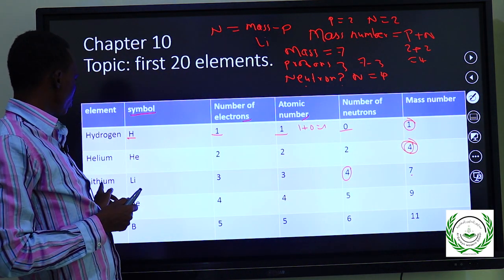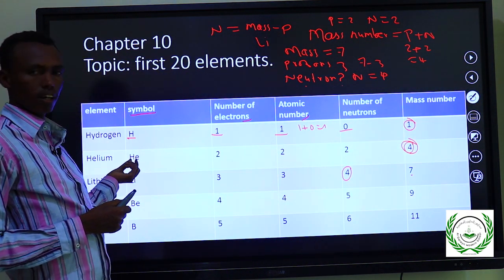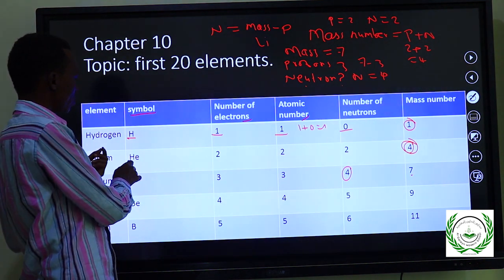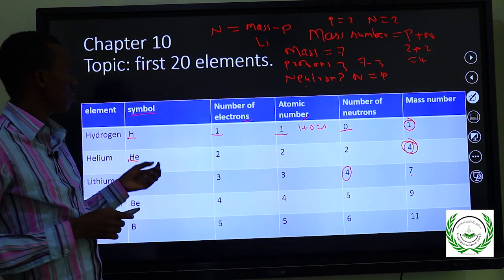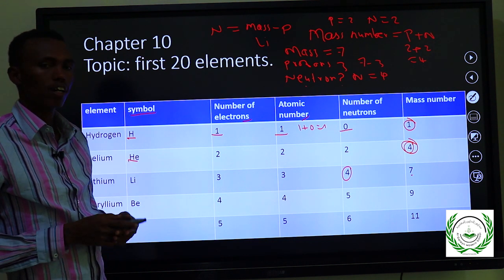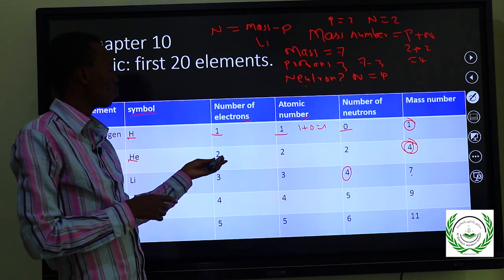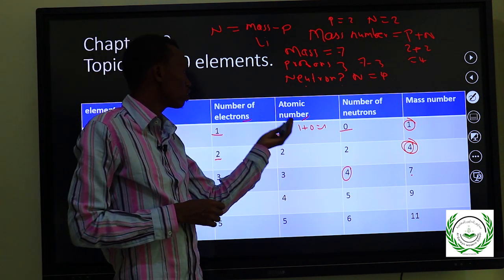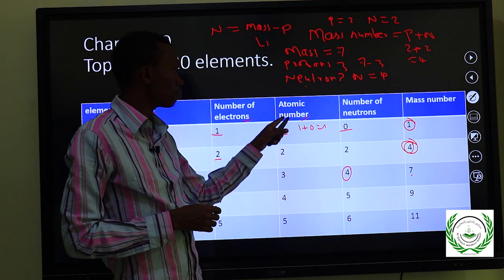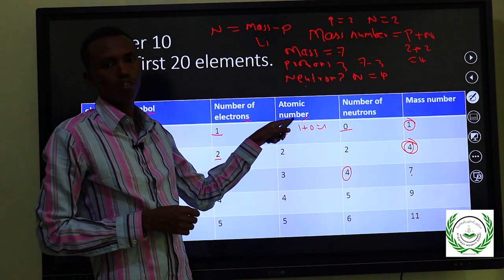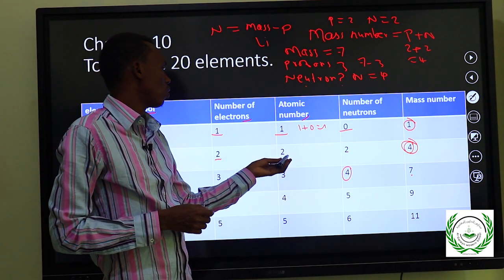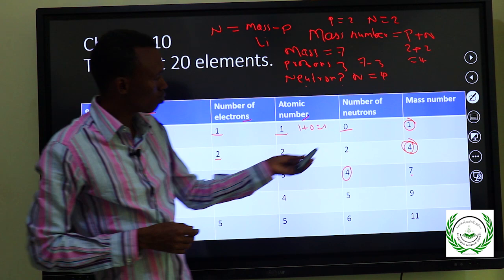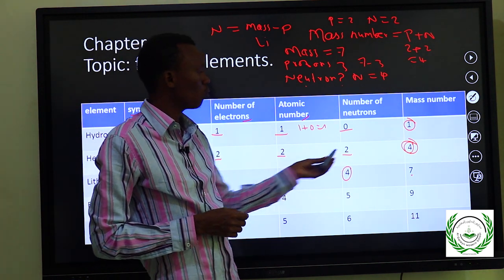Okay, helium, for example, sample keedu wuxuu noqonayaa He. Number of electrons ka ku jira shell keeda waa 2. Number of protons ama atomic number, marka atomic number iyo number of protons waa isku mid, waa 2. Number of neutrons keeduna waa 2.